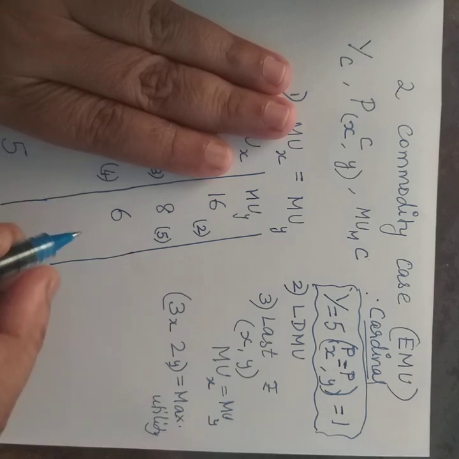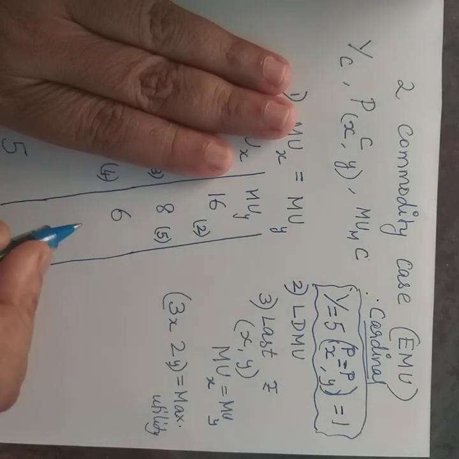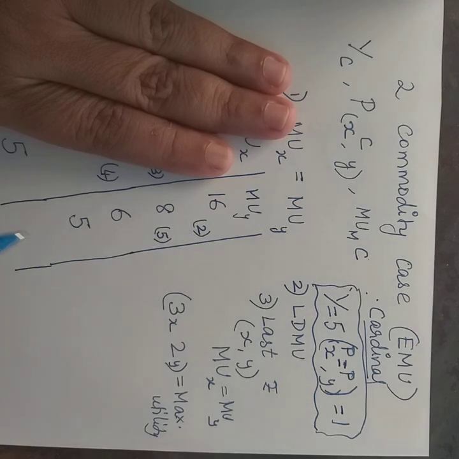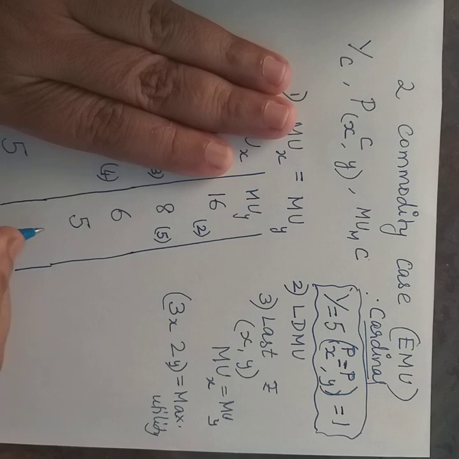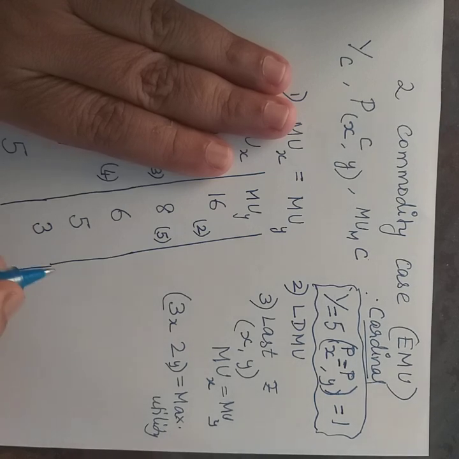Then let us say one more, 1, 2, 3, fourth rupee is going to be spent here, which might be giving 5 utils, and one more rupee is left. Let's assume that's also going to be spent here itself, so that is going to give something like 3.